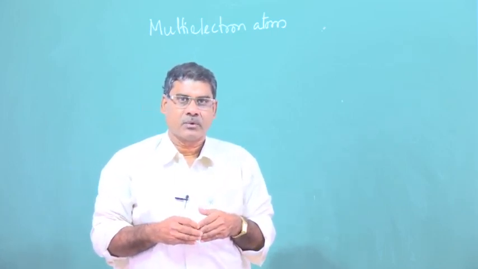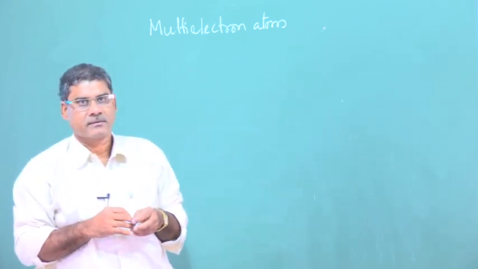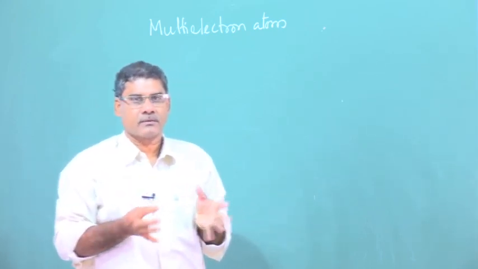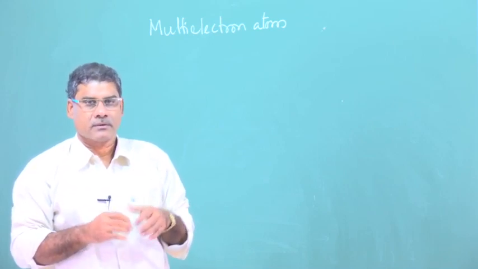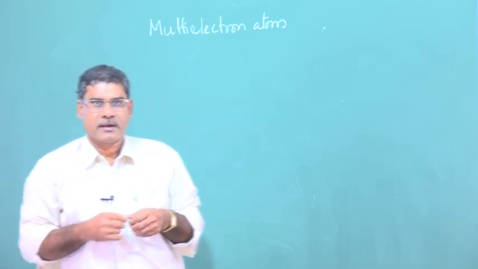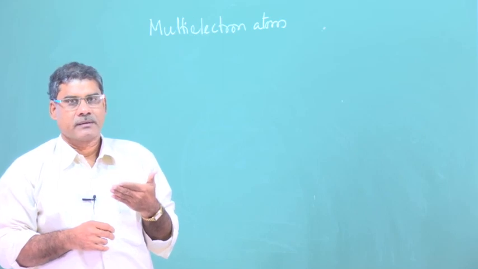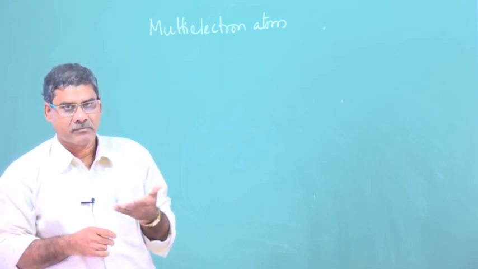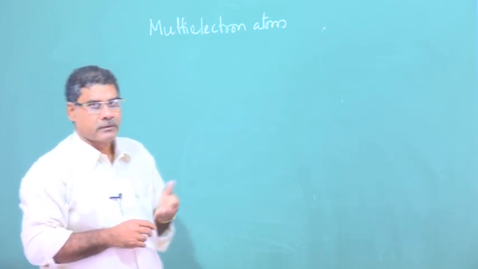Now, if I put one more electron, a second electron, then a third electron, a fourth electron, it defines different atoms: helium atom, lithium atom, then beryllium, boron, carbon, neon, right.